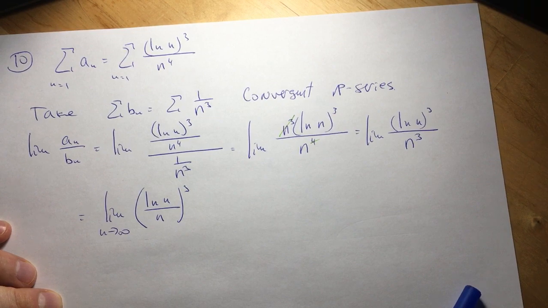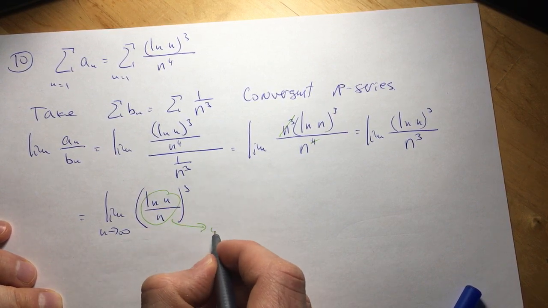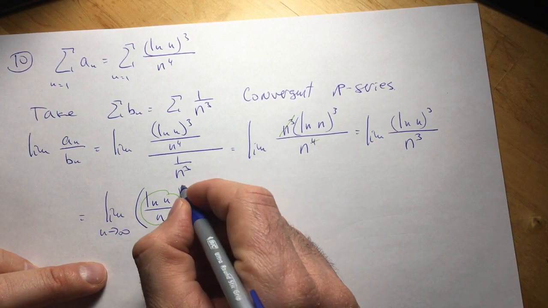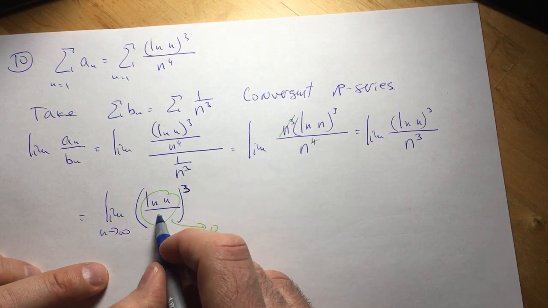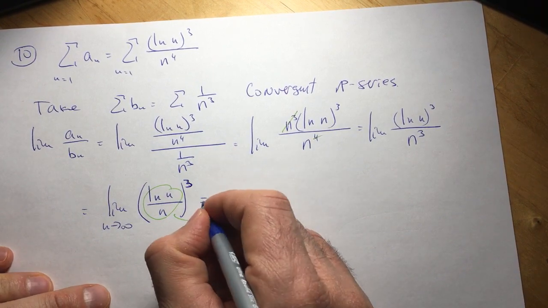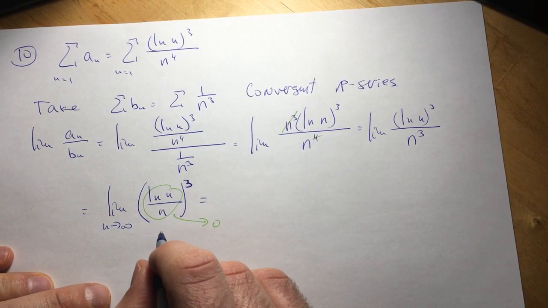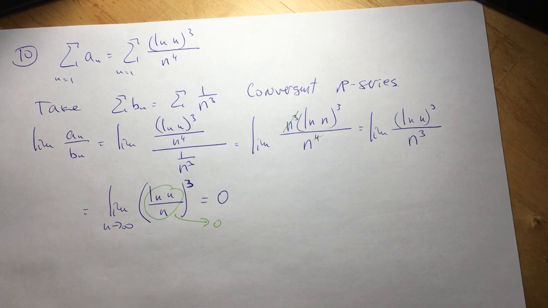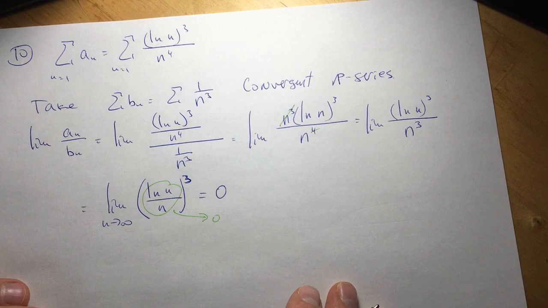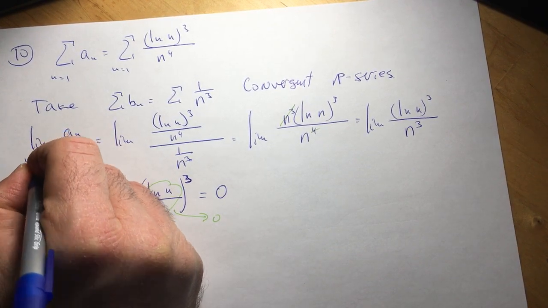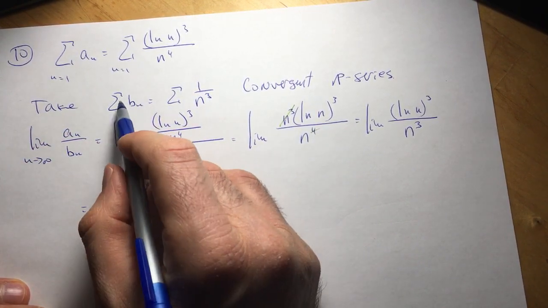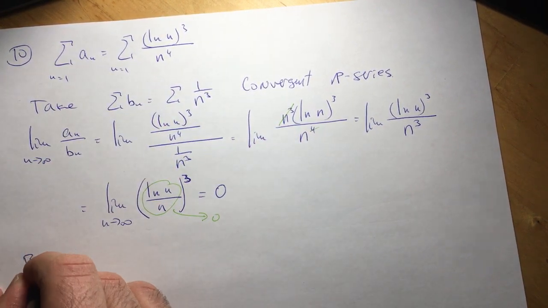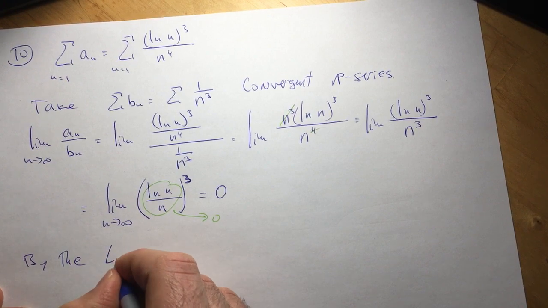And when n goes to infinity, this ratio, we already talked when we talked about sequences, goes to 0, or simply take L'Hopital's rule if you're not comfortable with this. 0 to the power 3 is 0. Now the limit comparison test says if the limit of an over bn is 0 and sum of bn is convergent, then sum of an is also convergent.